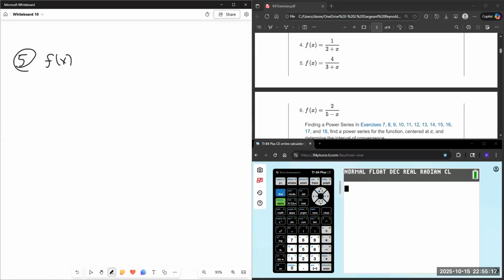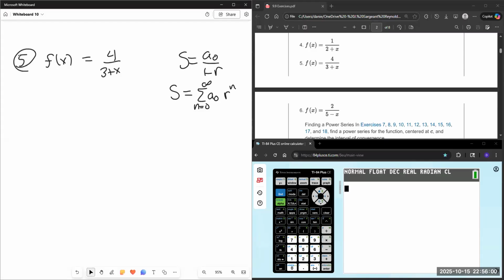f of x is equal to 4 over 3 plus x. There's a rule for power series that says that they can be written as a geometric series if the function is in the form of s is equal to a naught over 1 minus r, then s is equal to the summation n equals 0 to infinity of a naught times r to the n.